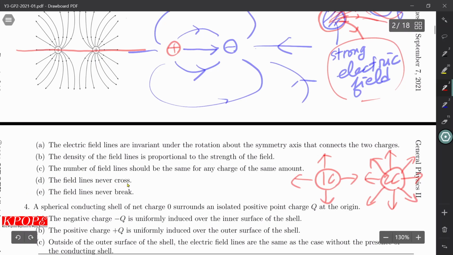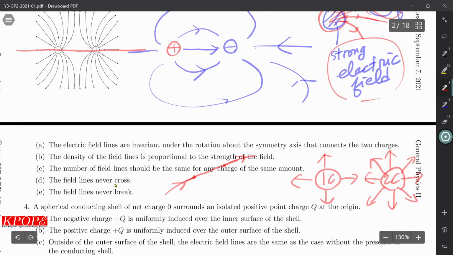The field lines never cross. Electric field lines never cross. This is wrong. Electric field lines never break. Electric field lines stopping and going is impossible.